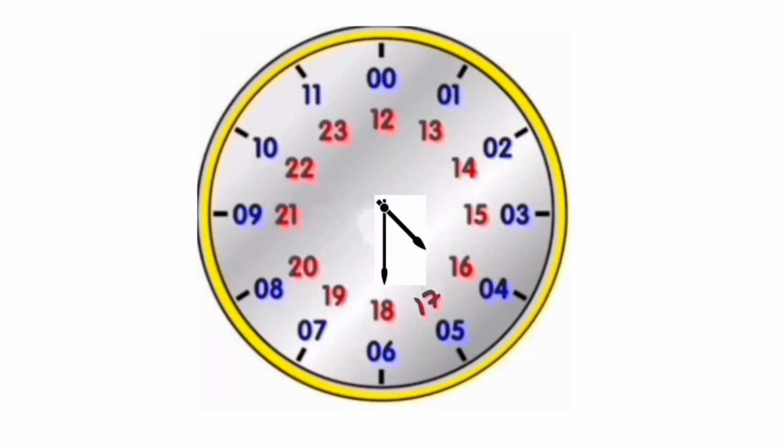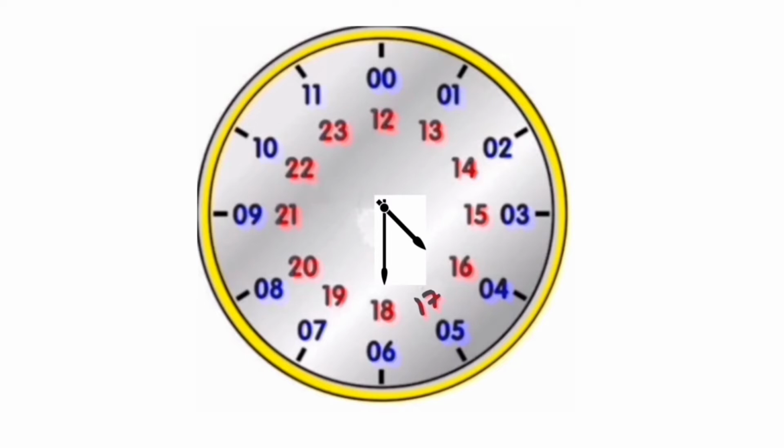I have represented 24 hours clock and 12 hours clock in this picture. The time in 24 hours format is 16 hours and 30 minutes. And the same time in 12 hours format is 4:30 p.m.